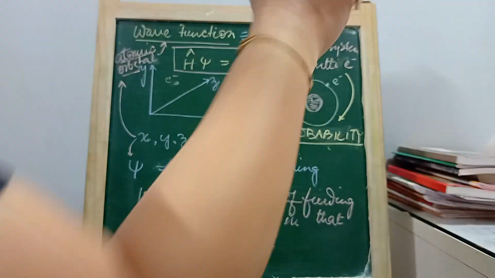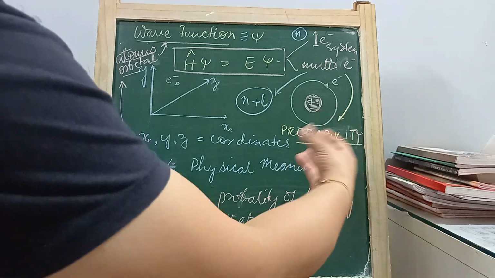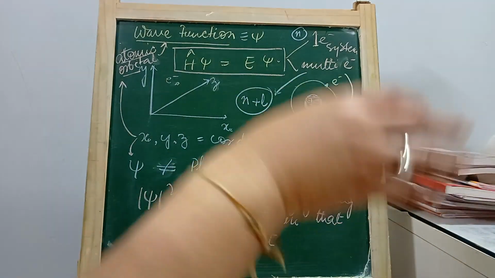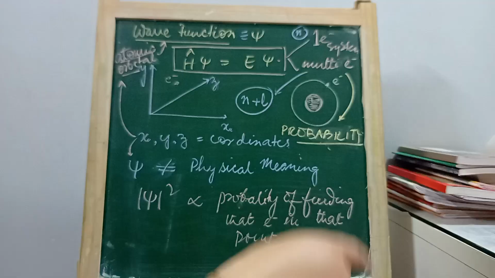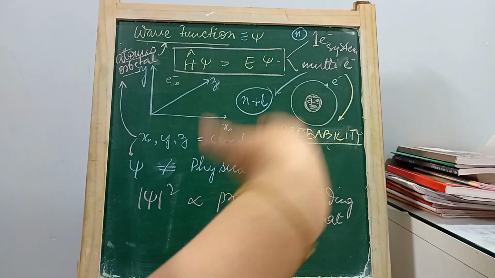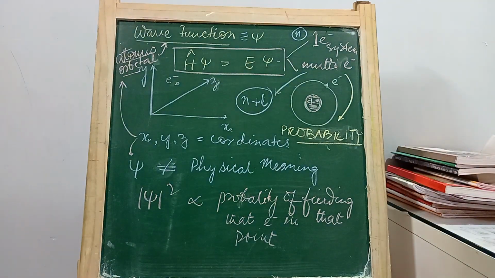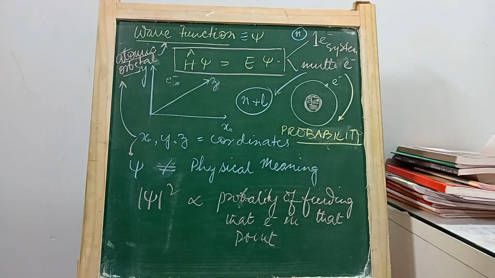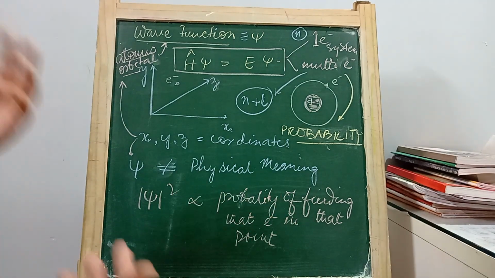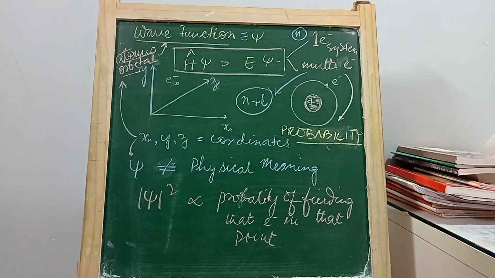We won't be able to say it's exactly here. We will only say that the probability of finding the electron is more here or less there. We will never say the electron will be exactly here, right? For a multi-electron system it becomes difficult to solve Schrodinger's equation, so we'll use an approximate method and the term probability of finding the electron.